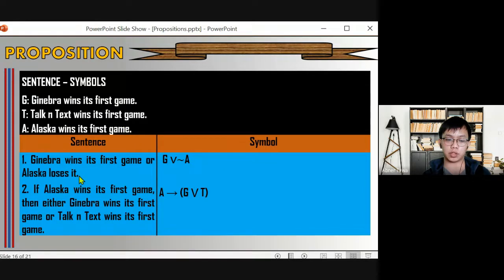So the symbol for that will not be A, but not A. So that is how we're going to symbolize our number one example here. So we have here G or not A. We can read this as G or not A. Again, the parts of a disjunction are called the first disjunct and second disjunct. We can just call them first subproposition and second subproposition.